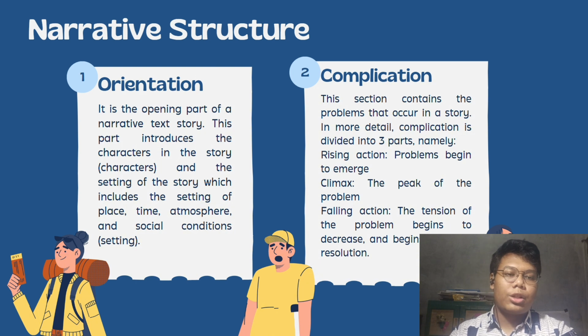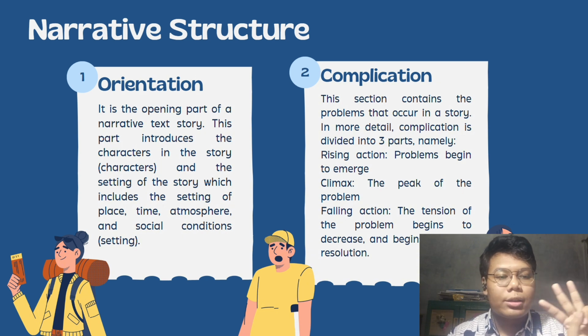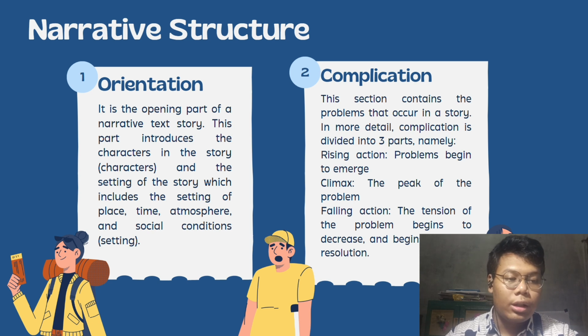Then the second structure is complication. This section contains the problems that occur in a story. In more detail, complication is divided into three parts. The first one is rising action.